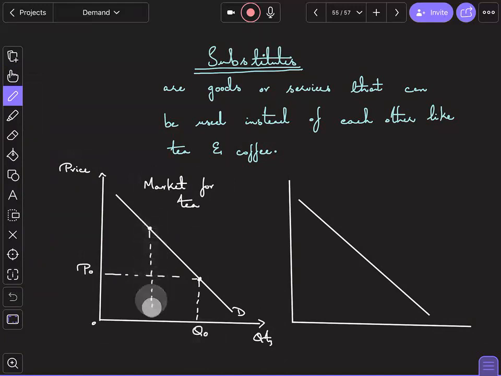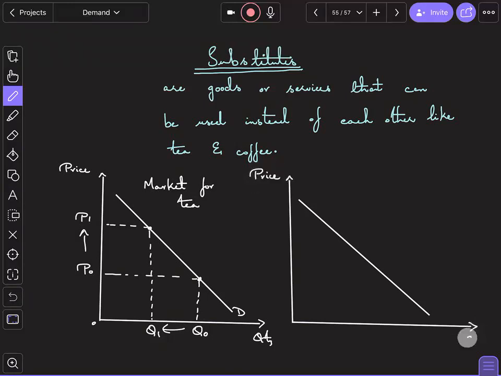If the price of tea increases due to anything, the quantity of tea being demanded by the consumers will fall, and these consumers of tea will switch to coffee. Now what will happen to the market of coffee?